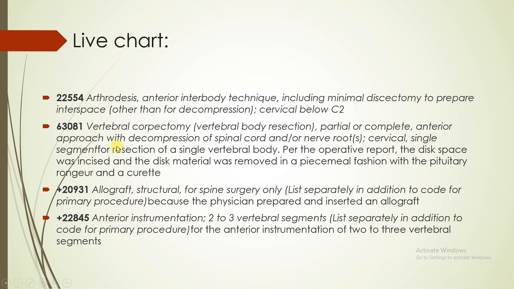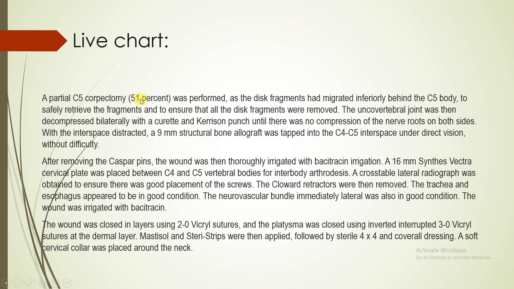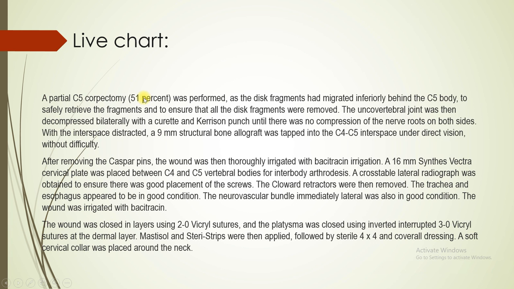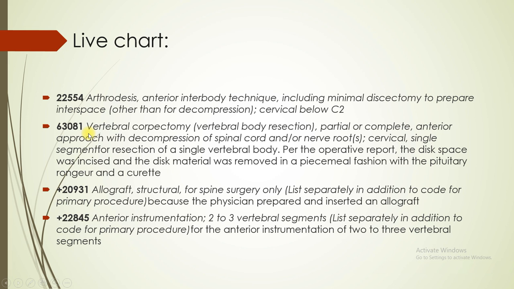Okay, as we have discussed previously, the physician has performed 51% of the corpectomy, correct? C5 corpectomy, or cervical corpectomy. So here we need to code the vertebral corpectomy separately. Why are we coding separately? As the physician has performed 51% of the vertebral corpectomy. Okay. So here we will code 63081, vertebral corpectomy, or another name for vertebral corpectomy is vertebral body resection.